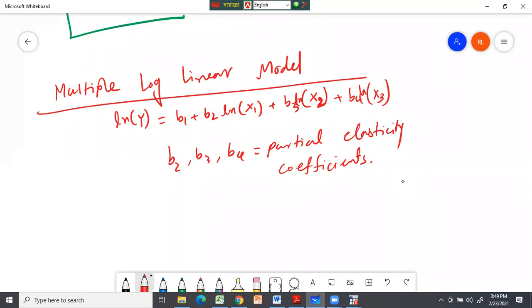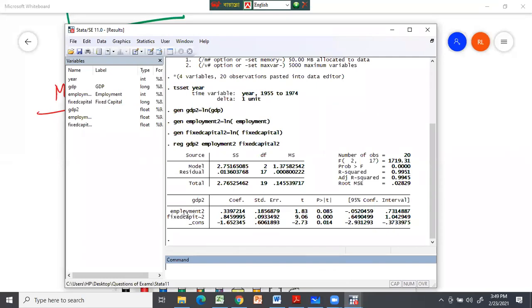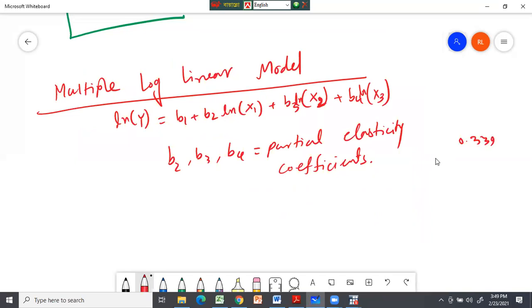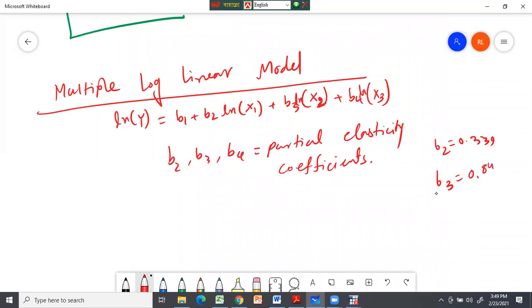In this example, there are two inputs in our production: one is employment, another one is fixed capital. When we look at the coefficients of these two inputs, the coefficient of employment, b2, is found to be 0.339, and the coefficient b3 is found to be 0.8459.